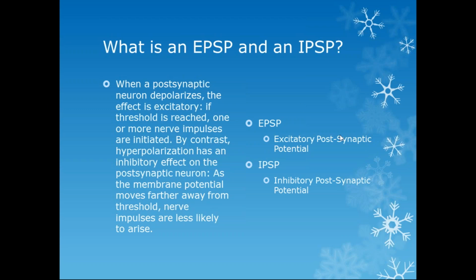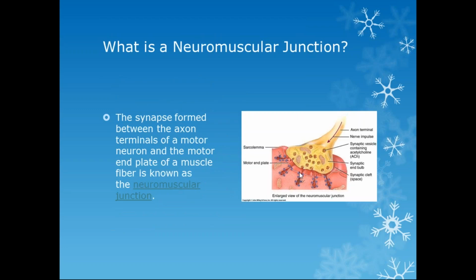So they're called an EPSP, excitatory postsynaptic potential, or an IPSP, an inhibitory postsynaptic potential. The neuromuscular junction is always excitatory, so it's always an EPSP. The only neurotransmitter released at the neuromuscular junction is acetylcholine.